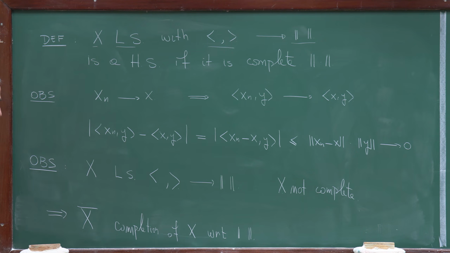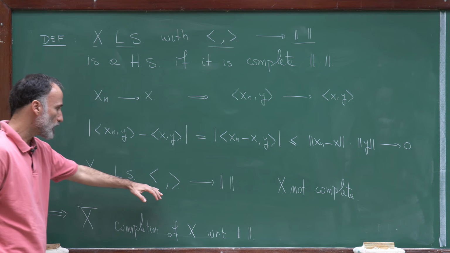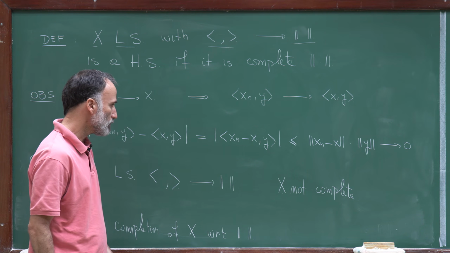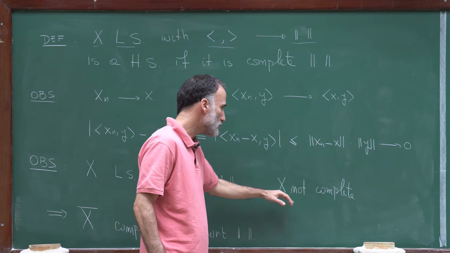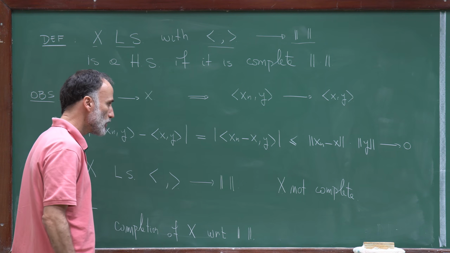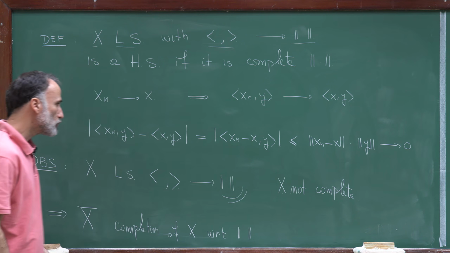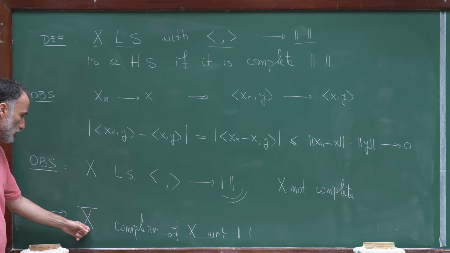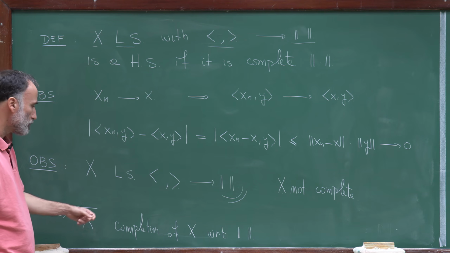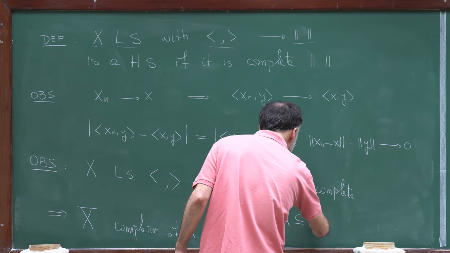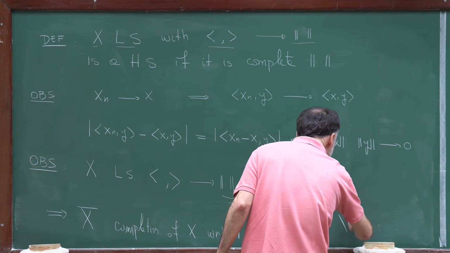So let me say it again. I'm starting with a linear space on which we have a scalar product. With this scalar product, we define the norm. And I'm assuming that this space is not complete with respect to that norm. So now, once we have this norm, we have seen how to complete that space. I'm calling X bar the completion of X. So we know that we can embed X in the completion, and that X is dense.